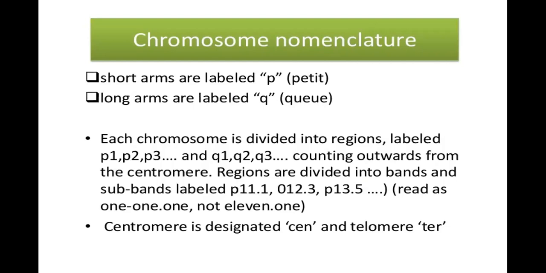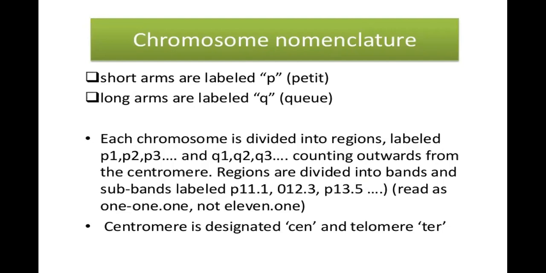Regions are divided into bands, and sub-bands are labeled as 11.1, 12.3, or 13.5, according to whatever band is present. They are read as 1.1, not 11.1. Okay, 1.1, not 11.1. Centromere is designated as CEN and telomere is denoted as TER.